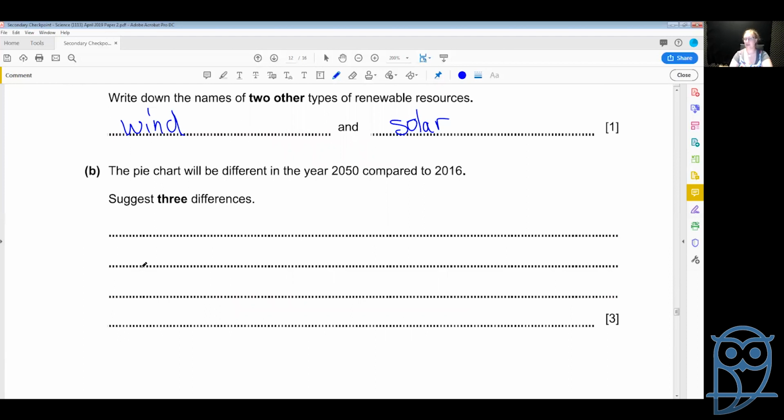So here again, you need to use your logical common sense to try and figure out what's going to happen. So our first point here could be there's going to be less coal, oil, or natural gas since they will be used up.